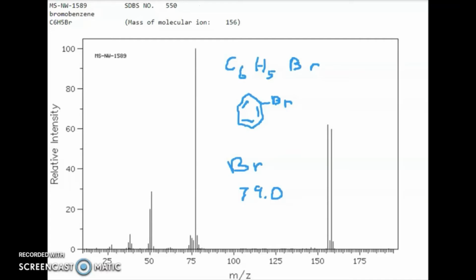There are many atoms that have isotopes present at a very low abundance. But bromine is interesting in that the two isotopes are roughly 50-50 in their abundance.